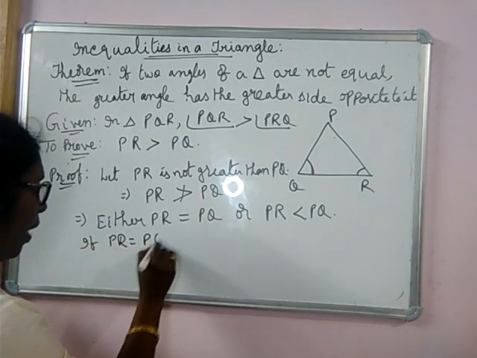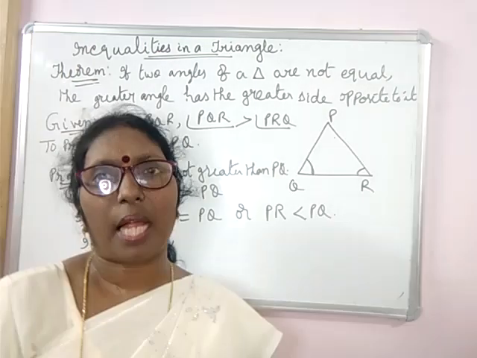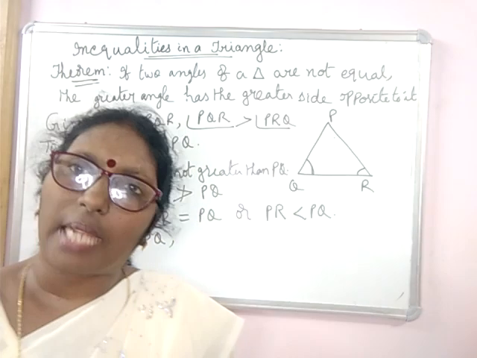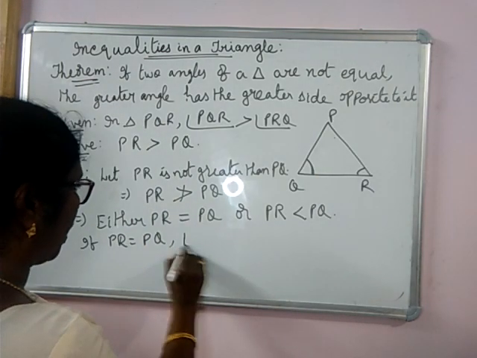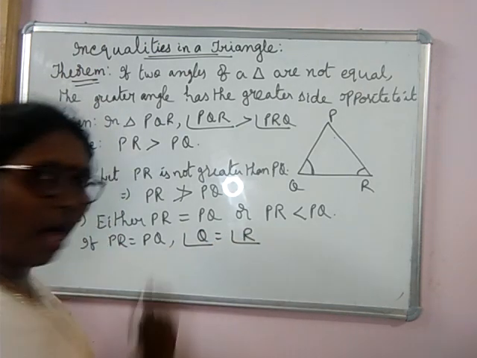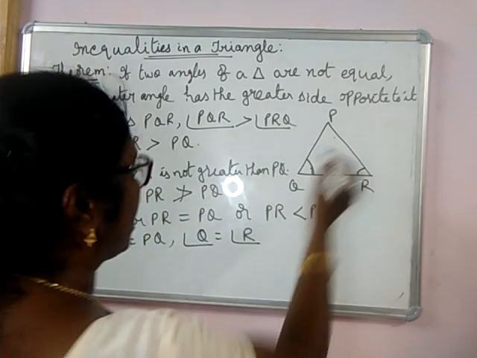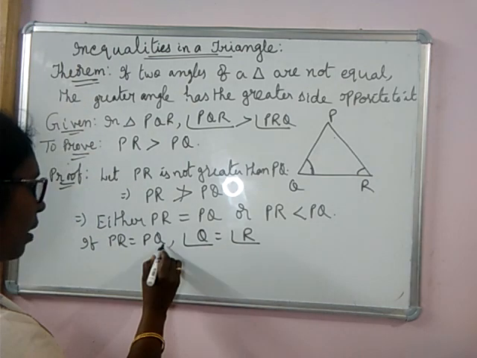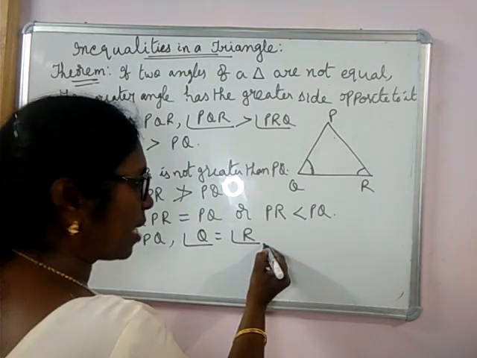If PR is equal to PQ, we have learned that if two sides of a triangle are equal, their opposite angles are equal. If PR is equal to PQ, angle Q will be equal to angle R. Yes or no?